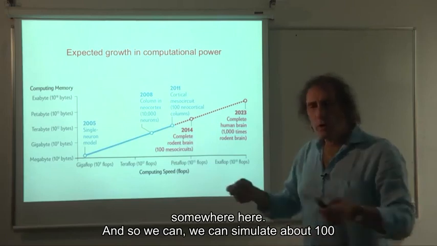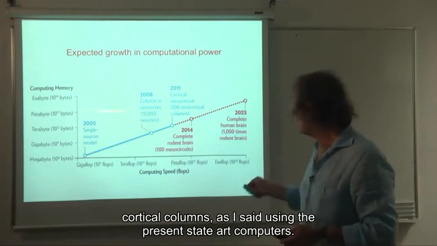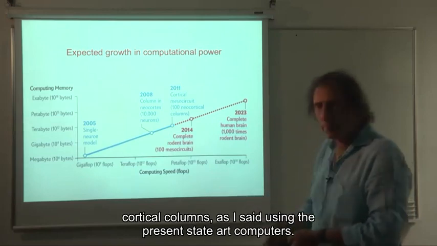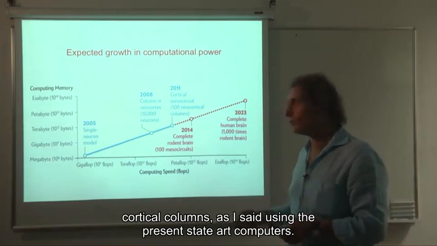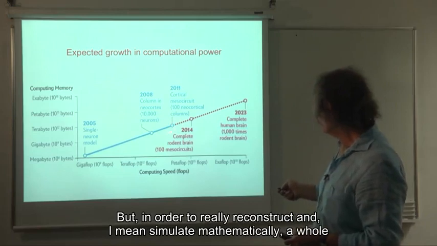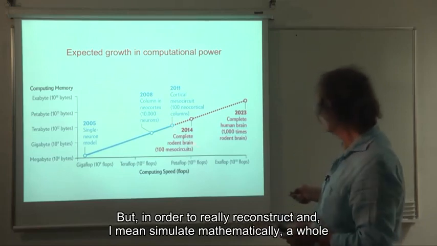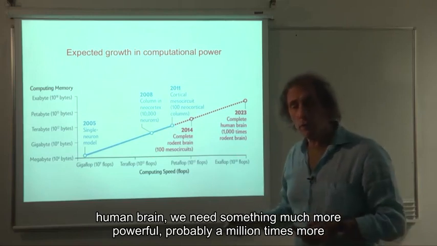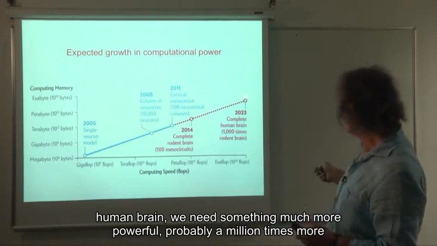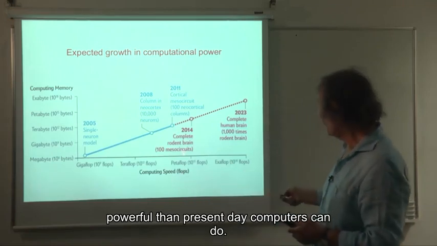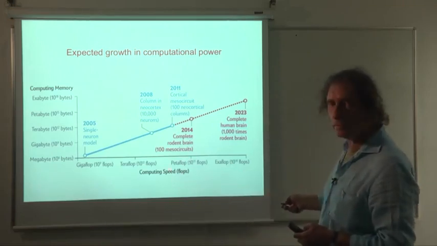And so we can simulate about 100 cortical columns, as I said, using the present state of the art computers. But in order to really reconstruct, and I mean simulate mathematically, a whole human brain, we need something much more powerful, probably million times more powerful than present day's computers can do.